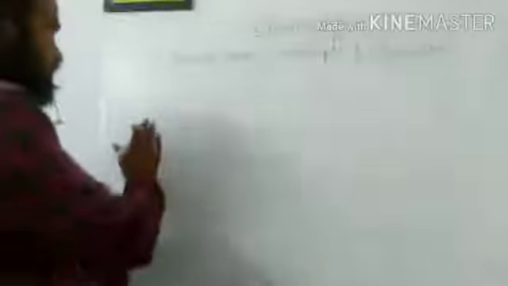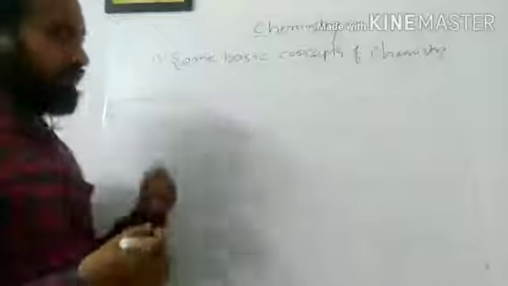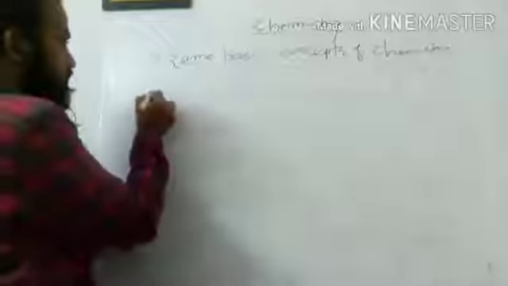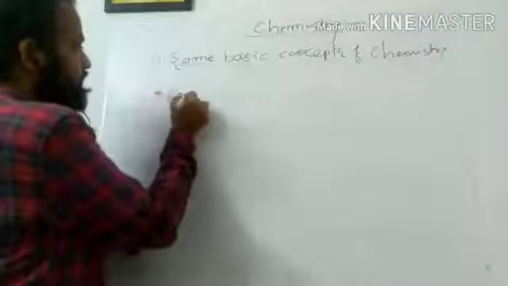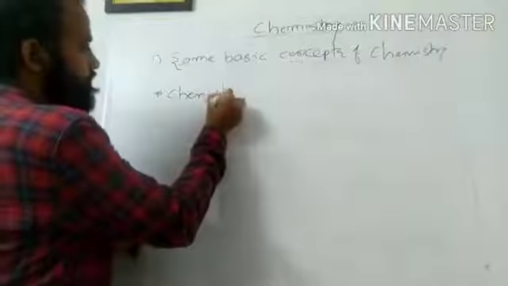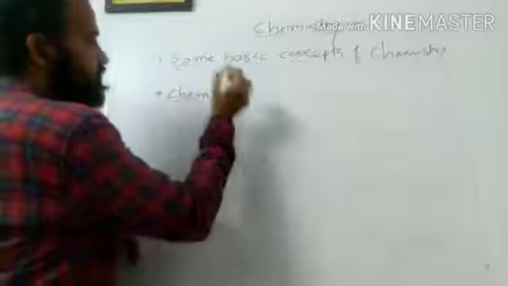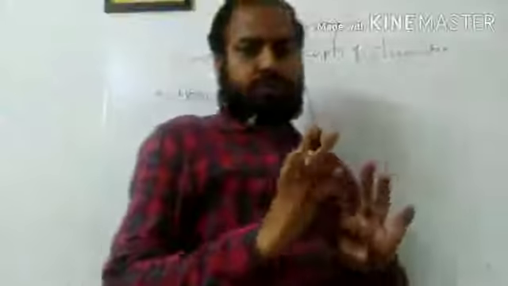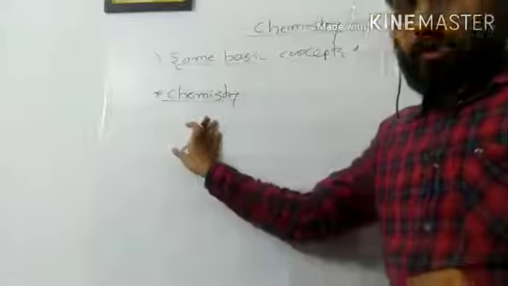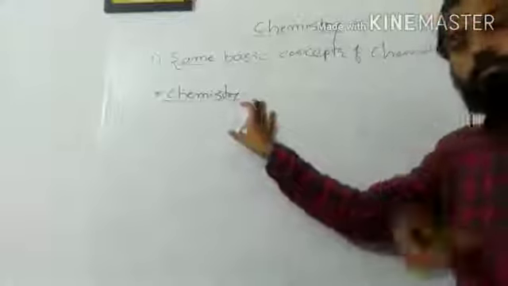Before actually starting this chapter, I just want to tell you what exactly chemistry is. As we all know, chemistry is a branch of science, like other branches. It is the branch of science which deals with the study of matter.